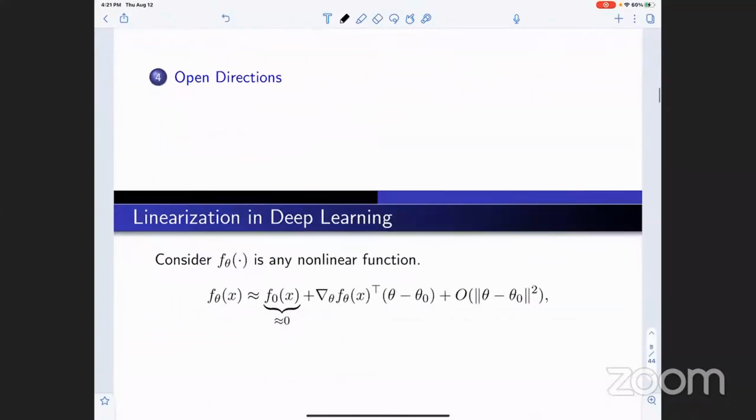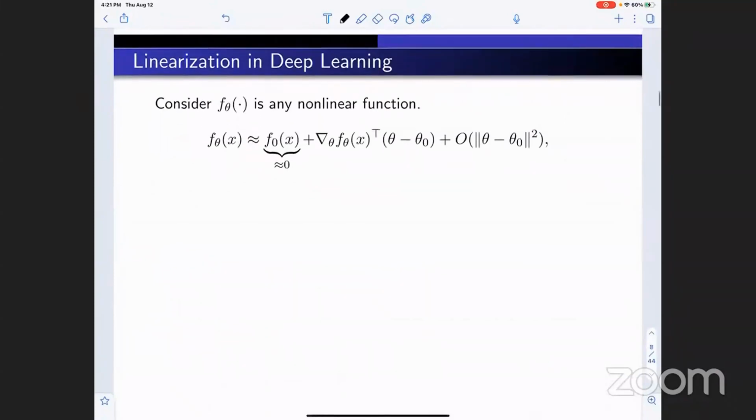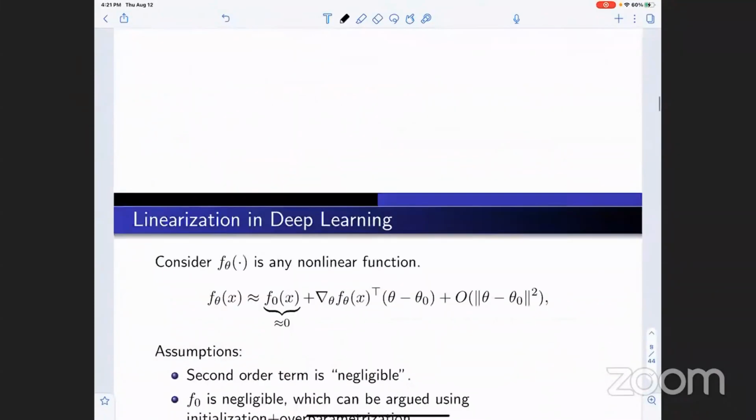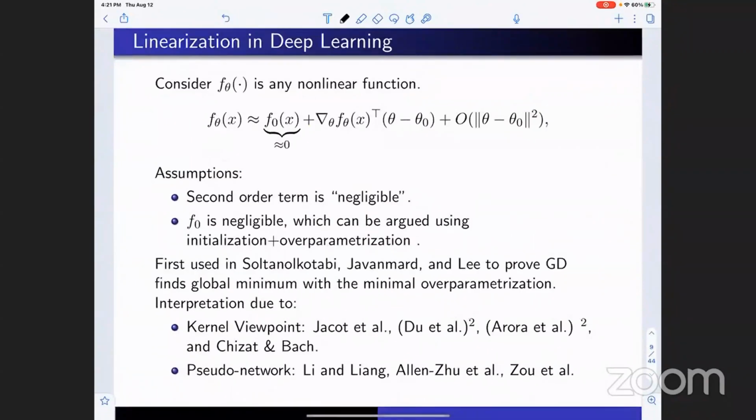Okay, so what is linearization in deep learning? This is nothing but Taylor's theorem. You have your network, just some nonlinear function of X. You Taylor series around your current point. This term we'll generally ignore, it can be bounded pretty simply, or just think about it as some order 1 quantity.